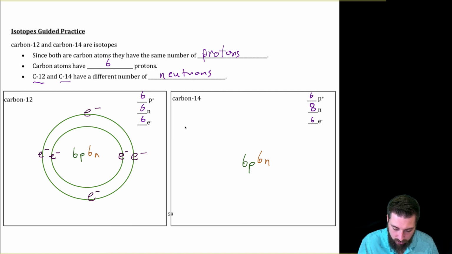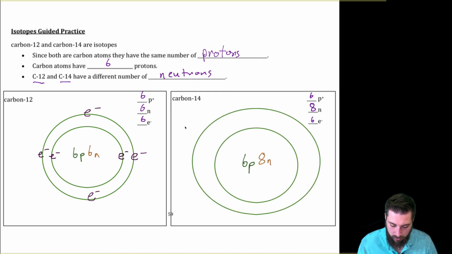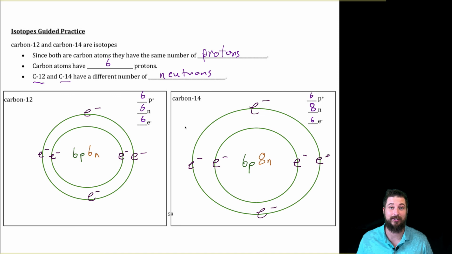It actually has 8 neutrons. Energy levels here, and we can then add our electrons, which we have 6 electrons, 2 in the first energy level, and then again 1, 2, 3, 4 in the second energy level.